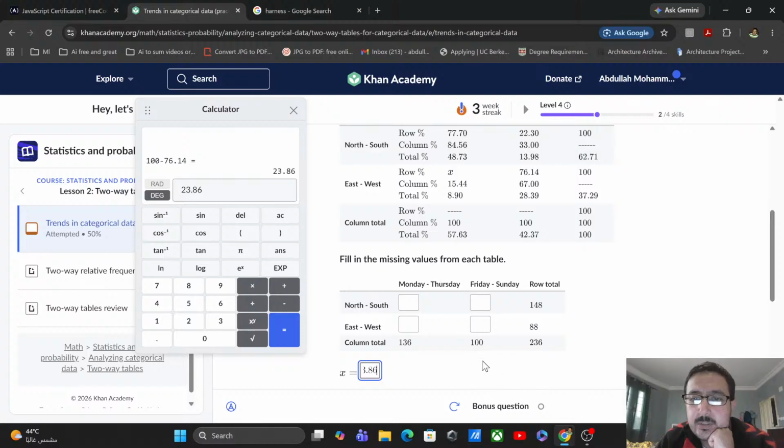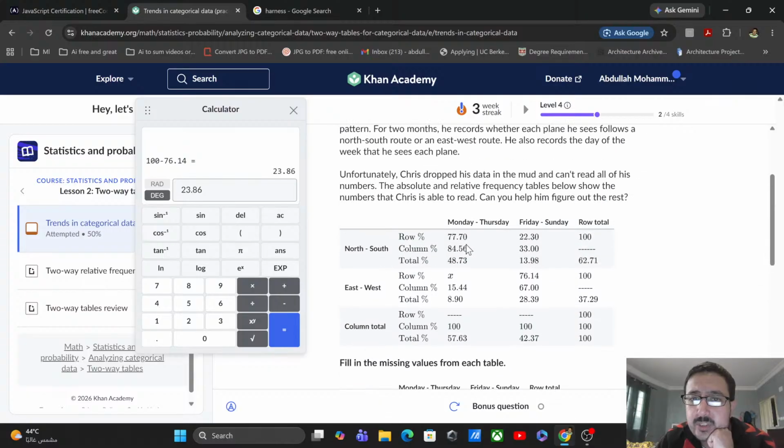Okay, southeast. Now it gives us the number. Monday to Thursday. We got north-south, Monday to Thursday.